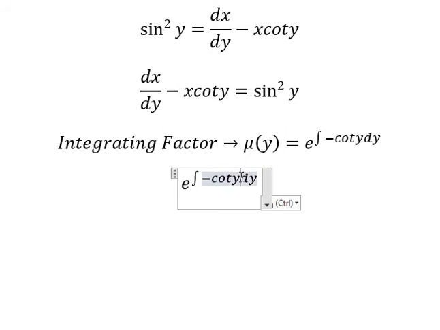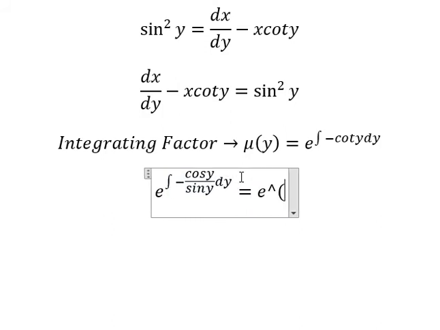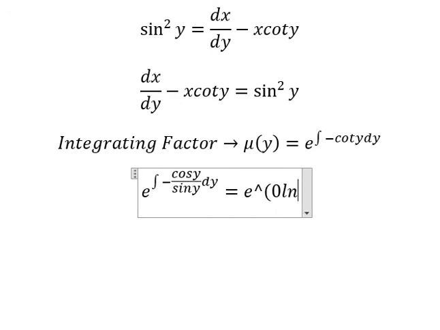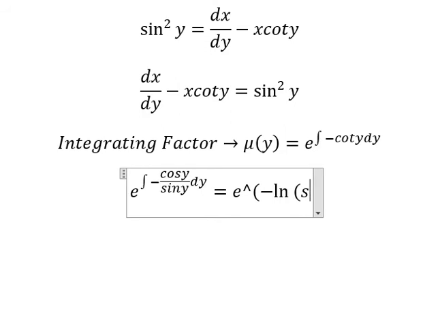And we know that cosine y we can change into cosine y over sine y. The integration of cosine y over sine y, you get negative ln of sine y.